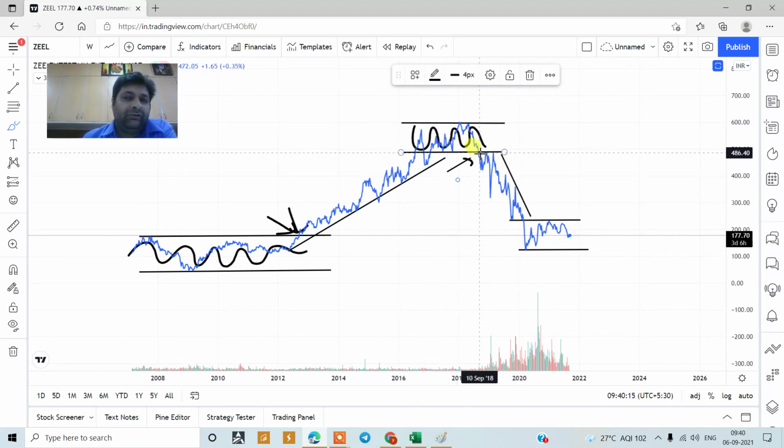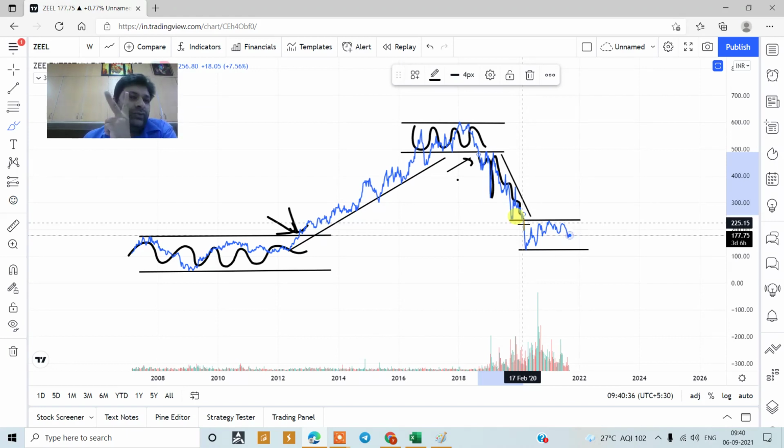So after it gave a breakdown, it came down, retested, came down, retested, and the stock just fell down with gravity. From 2012 to 2018 it took 6 years for the stock to go up, but from 2018 it just came down by 2020. It took nearly 2 years.